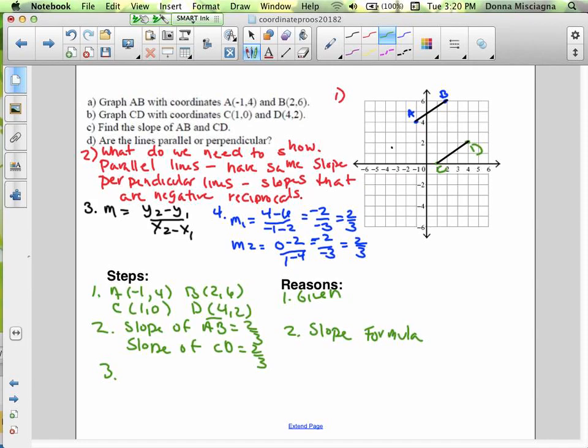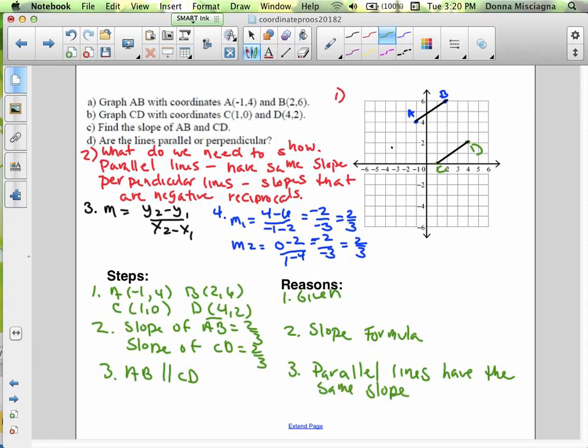And then what does that tell us? It tells us that AB is parallel to CD. We can use the symbol there. And how do we know? We learned in the first quarter, so long ago, that parallel lines have the same slope. So these two lines have the same slope. They must be parallel. And there we go. We're done.